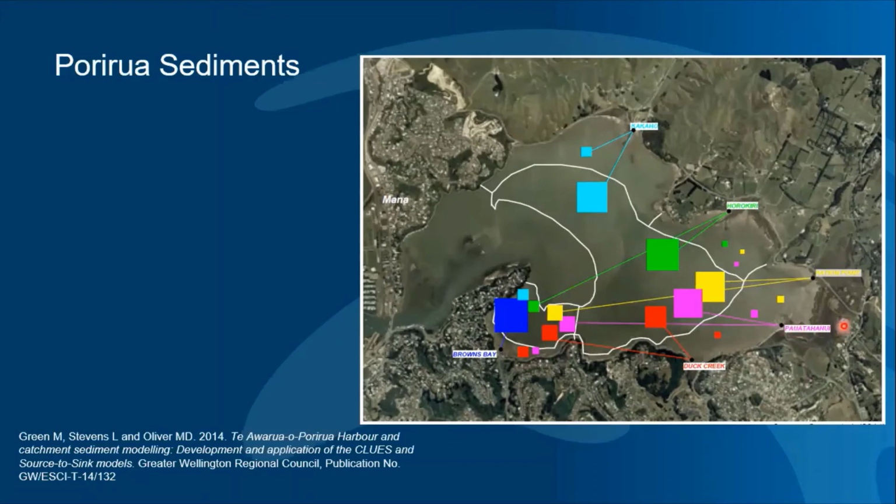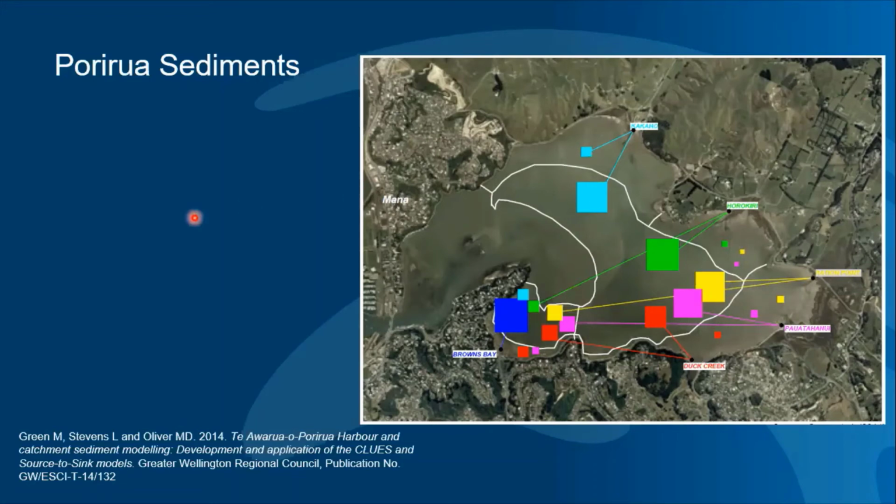So we see the Pāoa-Tahanui catchment here has a certain sediment load coming off it, and there's linkages back to this large subtidal sub-estuary, Browns Bay sub-estuary, and then small linkages to these other two sub-estuaries.